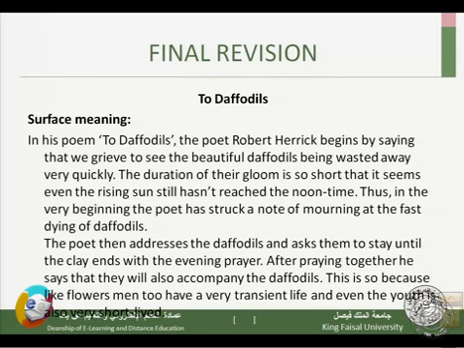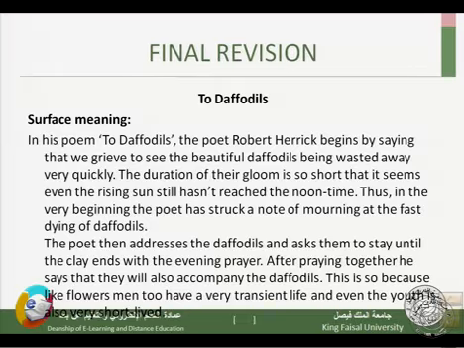Another important point is the one that we explained, To Daffodils, which is written by Robert Herrick. And we mentioned that this poem has two meanings, one surface meaning and the other is deep meaning. In the surface meaning in his poem To Daffodils, the poet Robert Herrick begins by saying that we grieve to see the beautiful daffodils being wasted away very quickly.